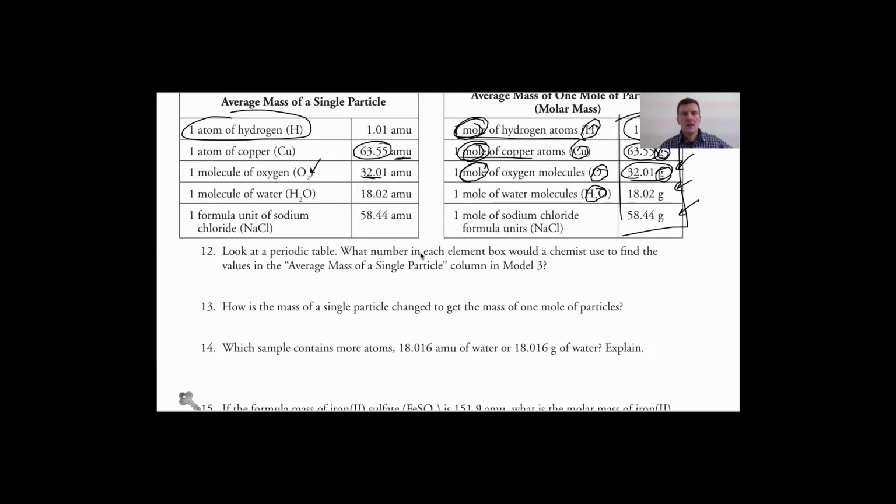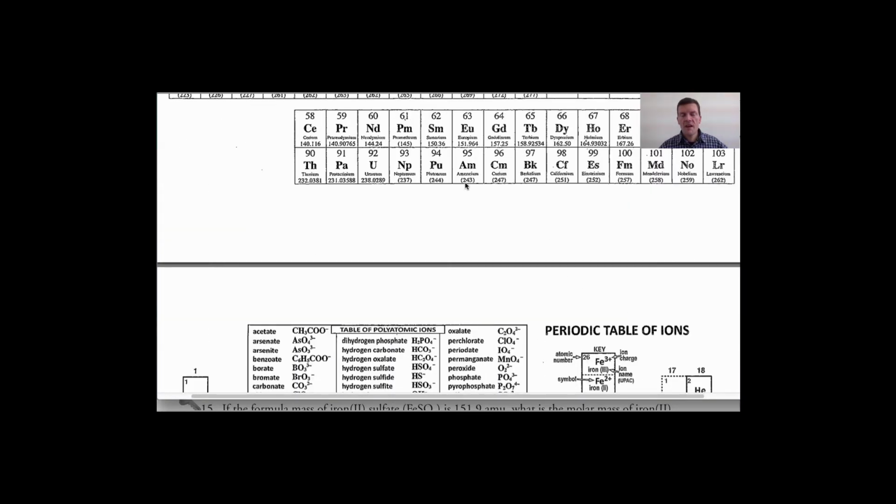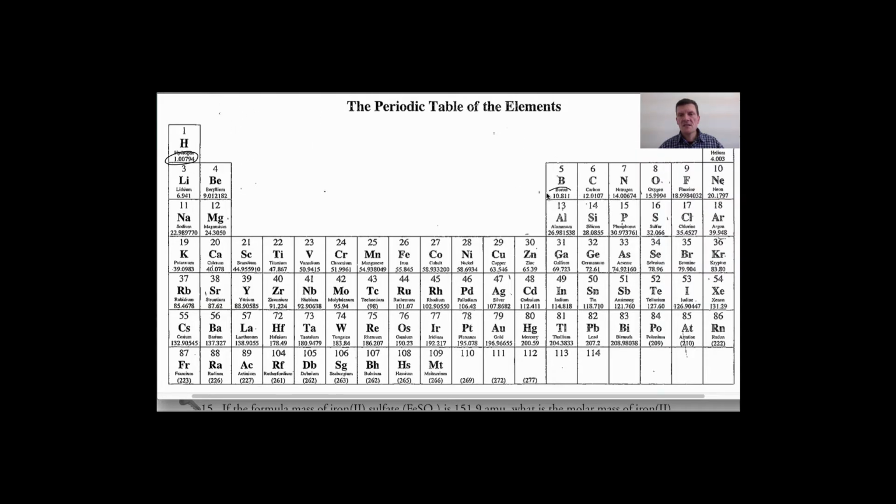Okay? The number in each element box is used to find the average mass of a single particle. So that is the atomic mass. Every element has its own atomic mass. Remember, it is the weighted average of all the masses of the isotopes.